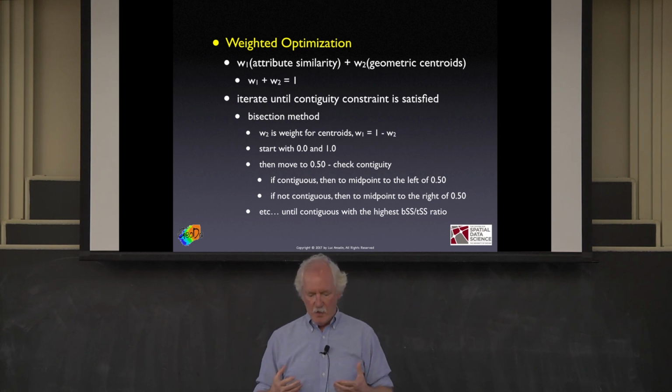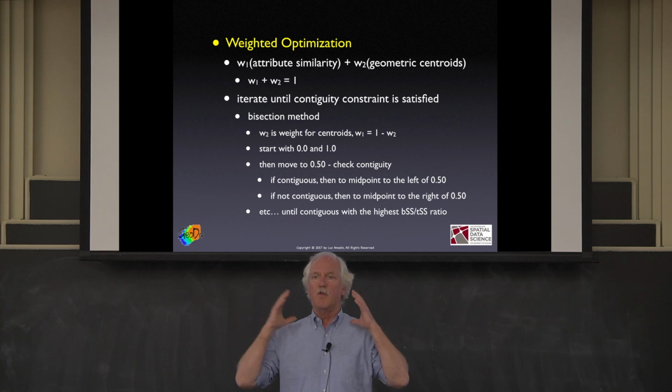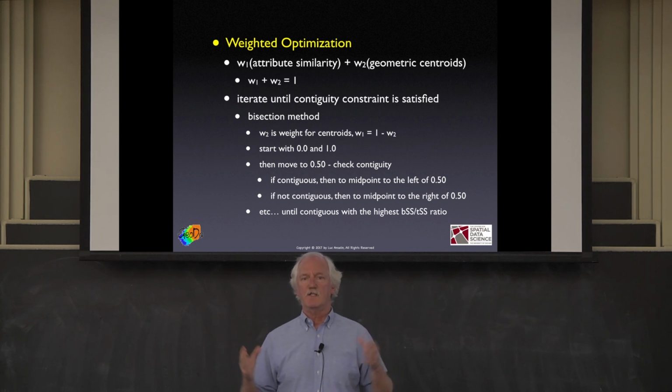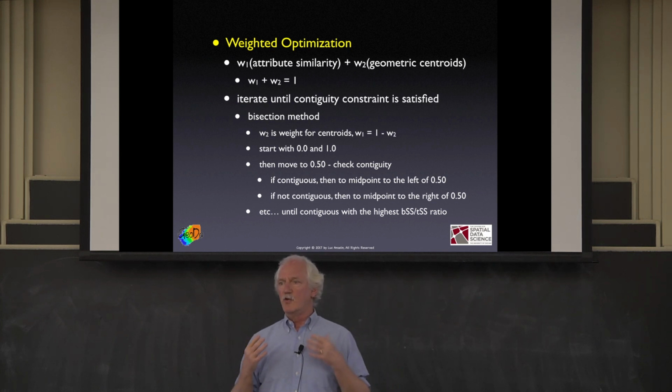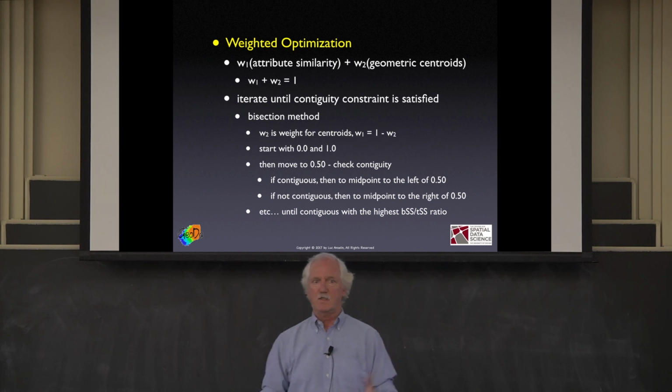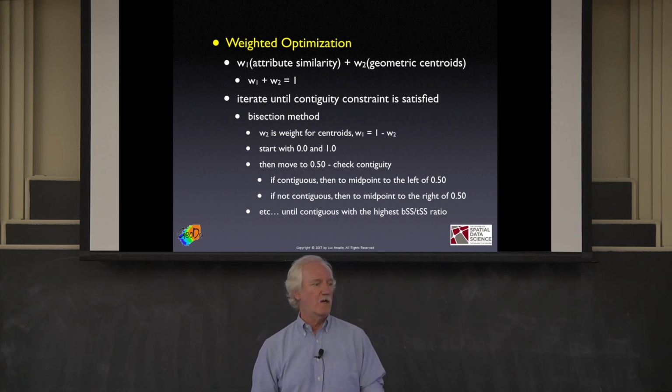Now, I have to stress that this is just the way you can think about this, right? You can't actually operationalize it for a large data set, but for this data set you can, because you can look at it and see whether it meets the contiguity criterion or not.